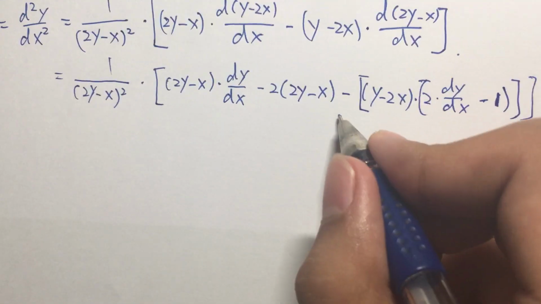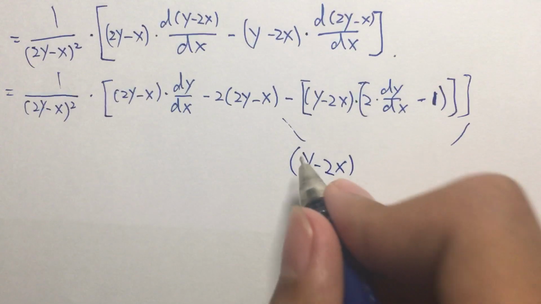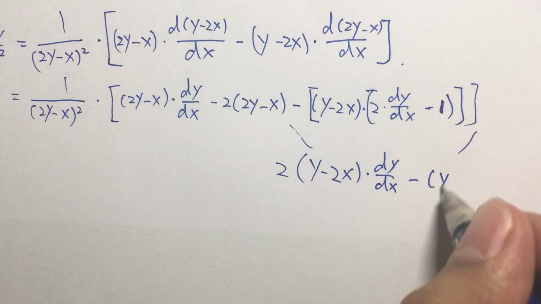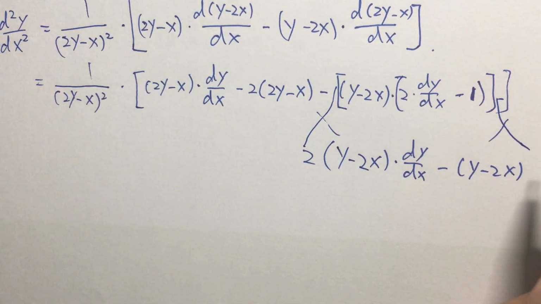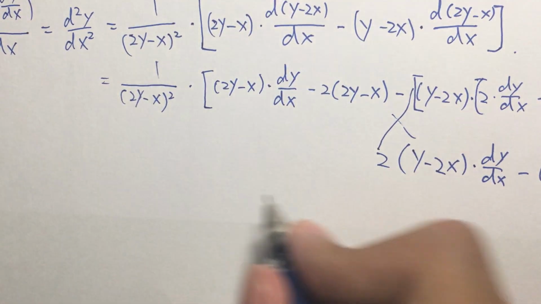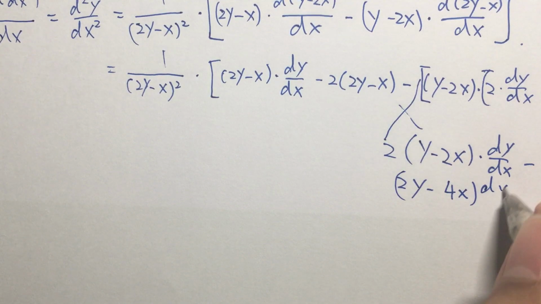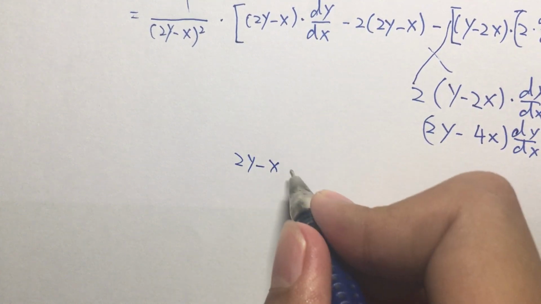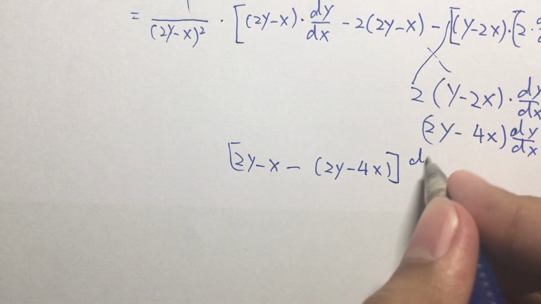For this part, we will have (y minus 2x) times 2 times dy over dx, and minus the bracket (y minus 2x), only for this part. Let's simplify it. This will become (2y minus 4x) times dy over dx. And so we have (2y minus x) minus (2y minus 4x) dy over dx.